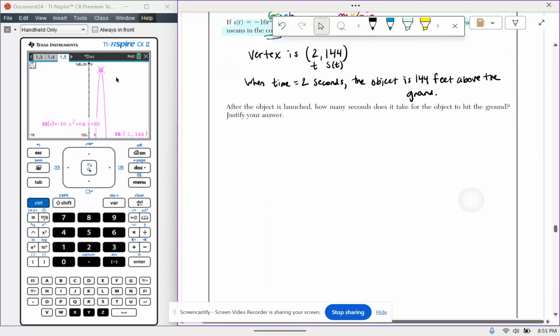After the object is launched, how many seconds, so we're trying to solve for t, does it take for the object to hit the ground? Justify your answer.